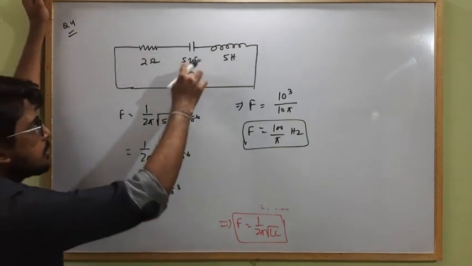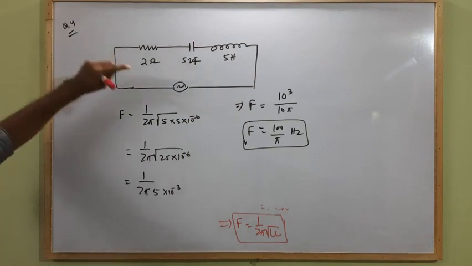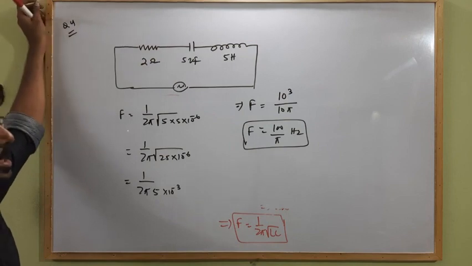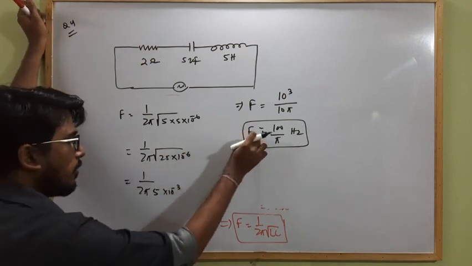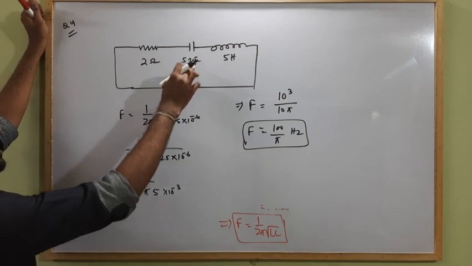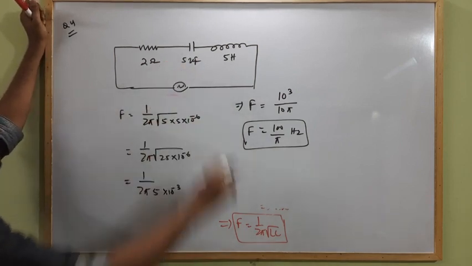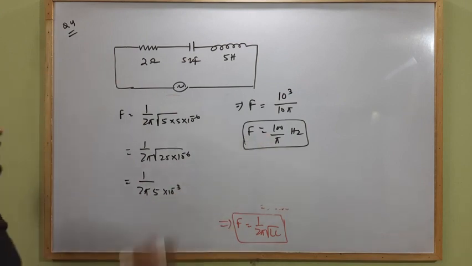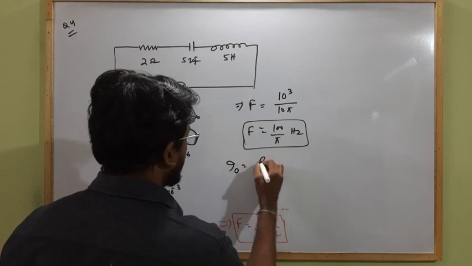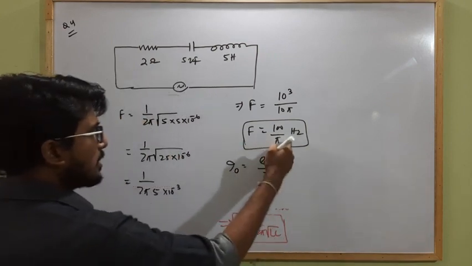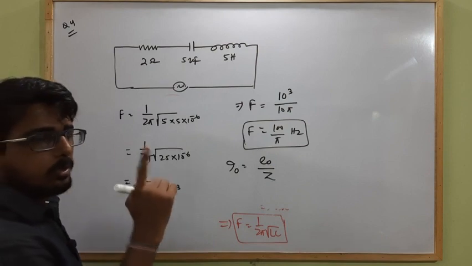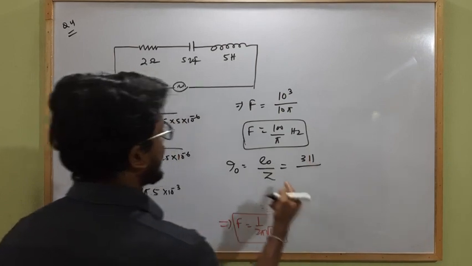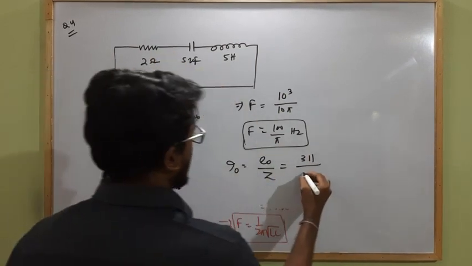At that frequency the power factor for this LCR circuit is unity, and at this particular frequency, what is the maximum value of current flowing through this circuit? At this frequency the maximum current I naught equals E naught by Z, and at this frequency Z equals the resistance. So I naught equals E naught, which we already got as 311, divided by Z, which is only R, that is 2.